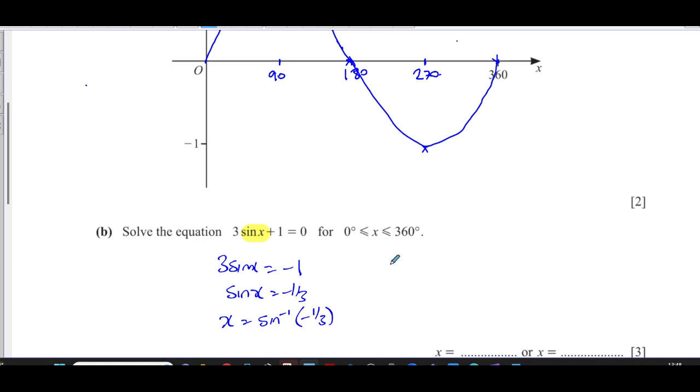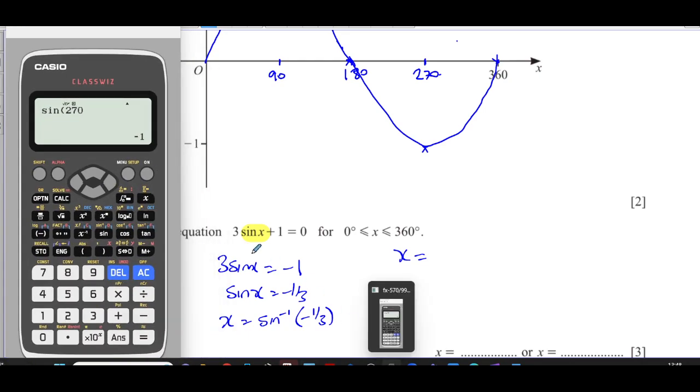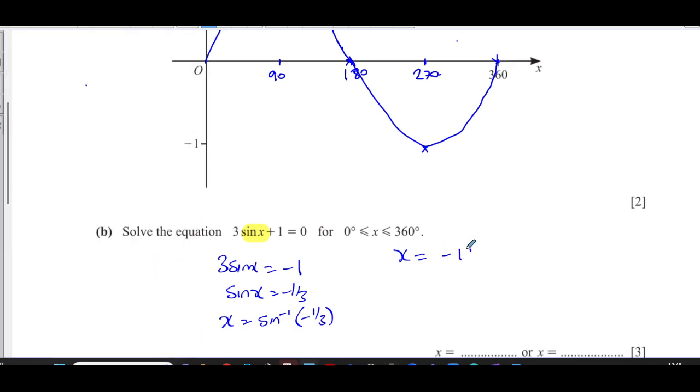If you take your calculator, making sure we're in degree mode, which we are, you have shift sine of -1/3. That is the calculator answer, called the principal solution. And you can see you get negative 19.471.